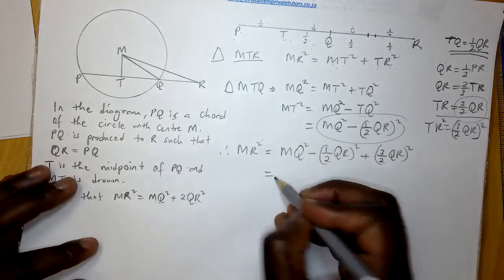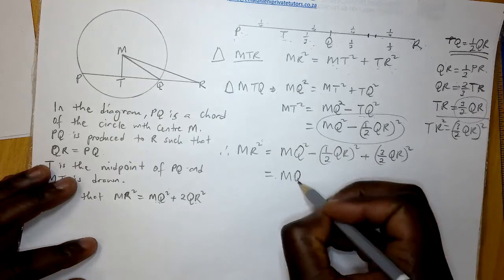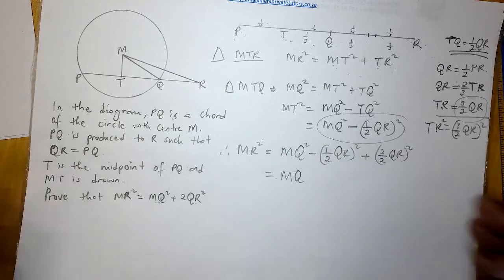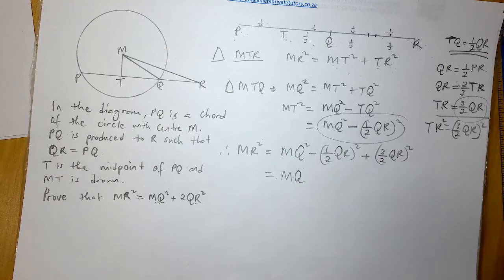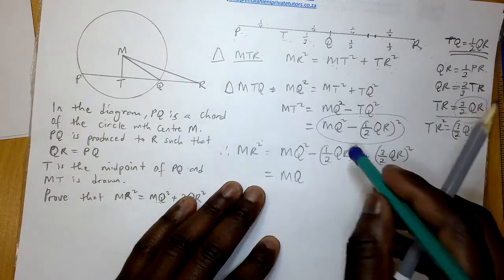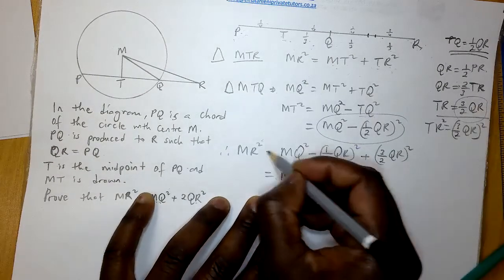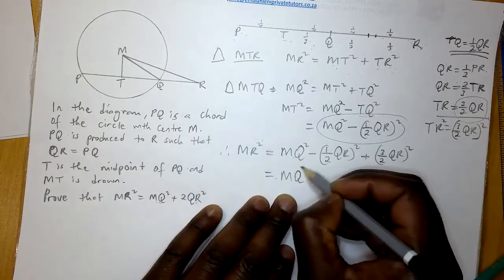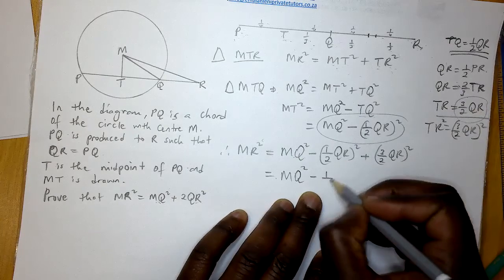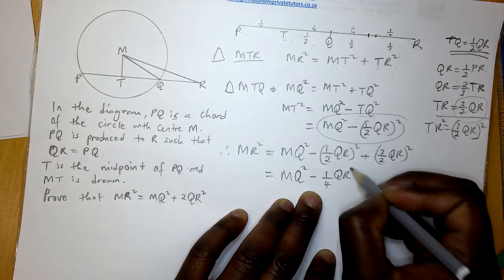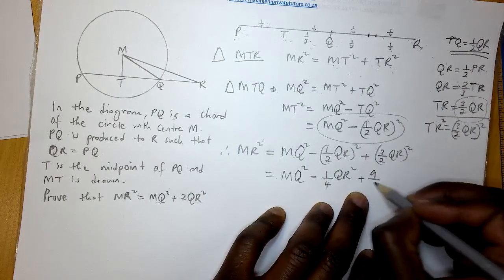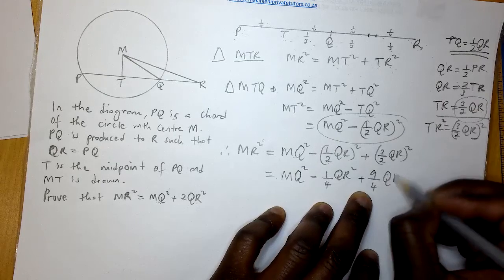Then we are going to have MR, sorry. I put an equal sign instead of minus. Sorry about that. Then here, MQ squared minus 1 over 2 squared is 1 over 4 QR squared, plus 3 over 2 squared, which is 9 over 4 QR squared.